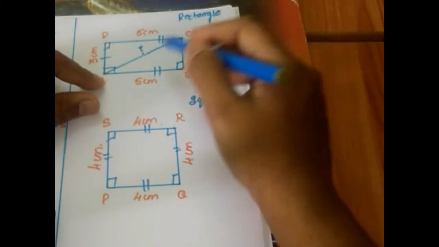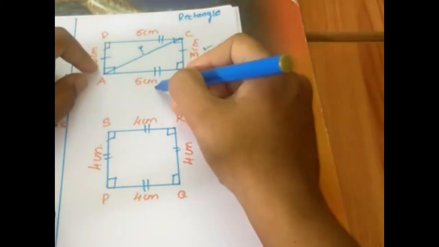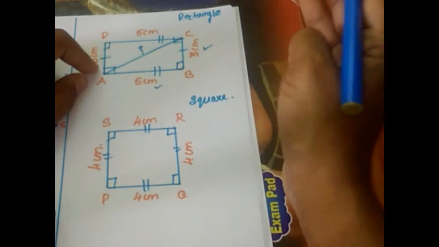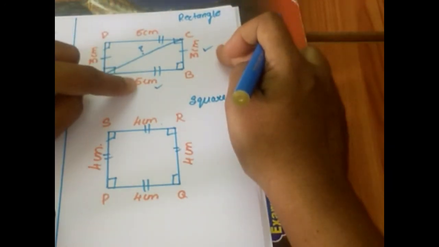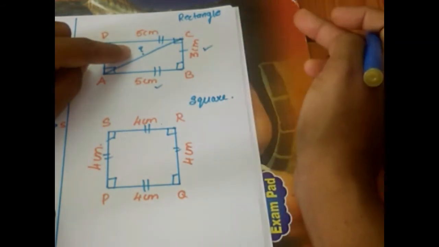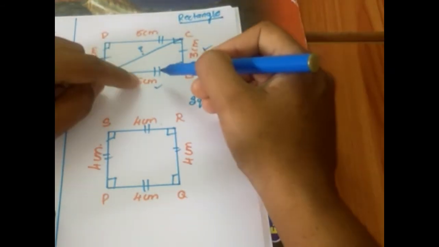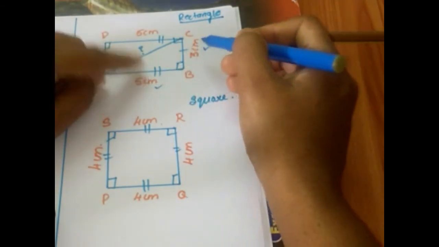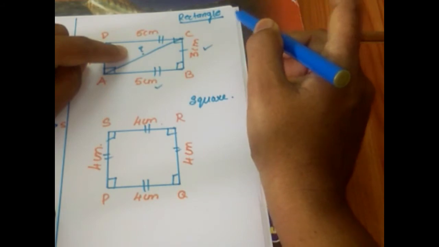Or it can be vice versa: diagonal can be given, breadth can be given, you need to calculate length. Or the third case, length will be given, breadth will be given, you will be asked to calculate the measure of diagonal. So in a rectangle, the relation between the length, breadth and the diagonal is only by Pythagoras theorem.